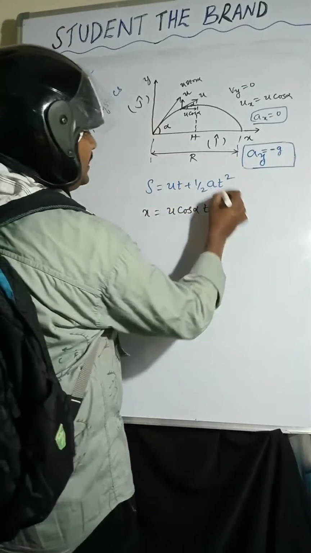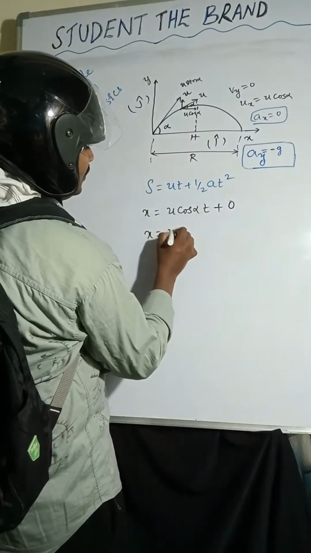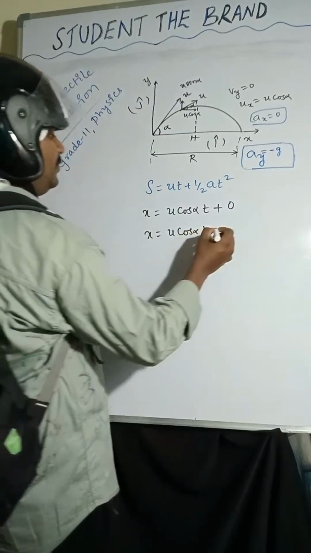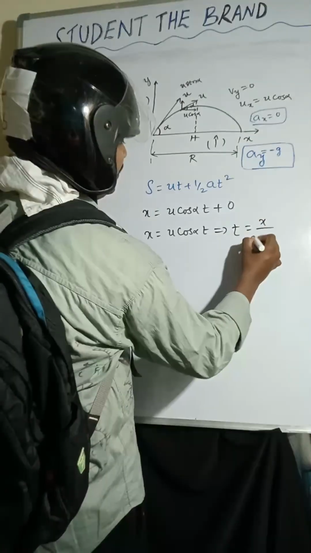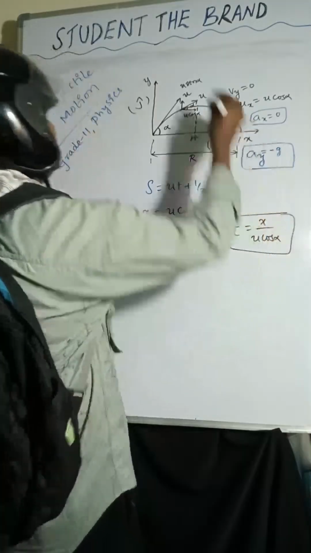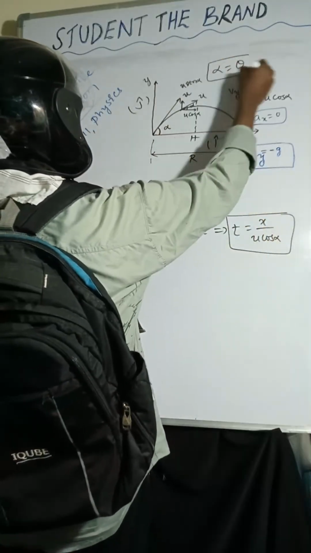So this entire term becomes 0. Then x equal to u cos alpha t. Now if you want t value, t equal to x by u cos alpha. As I said, we can take alpha equal to theta also in some books.